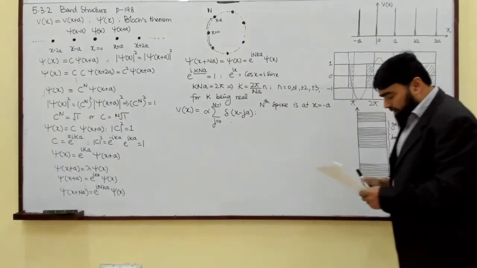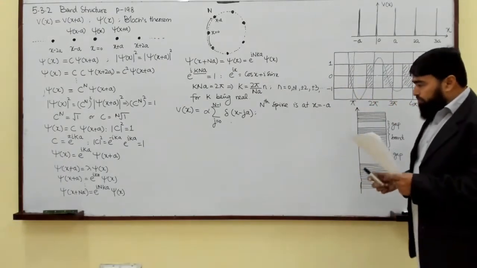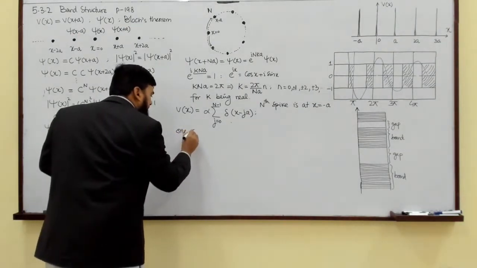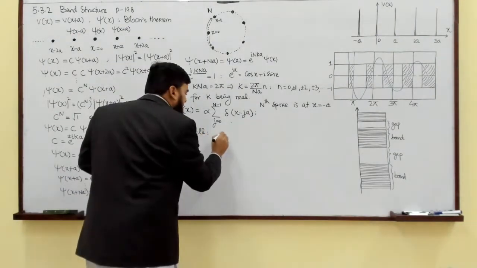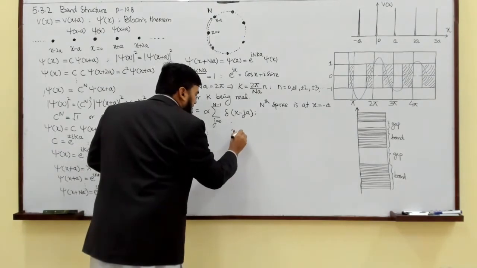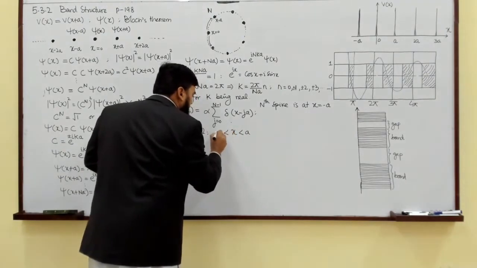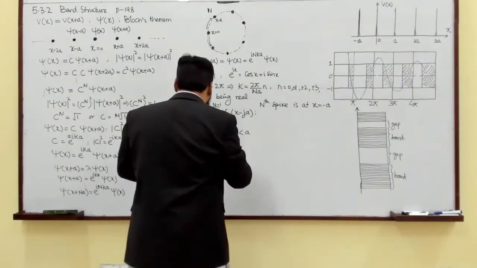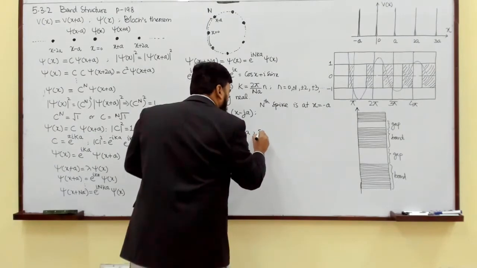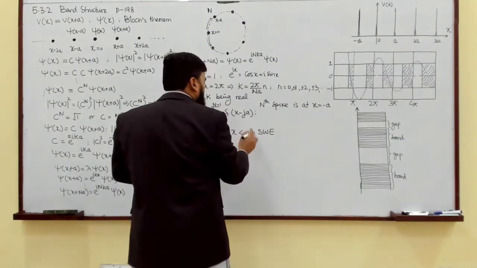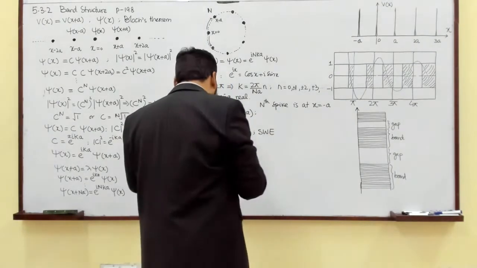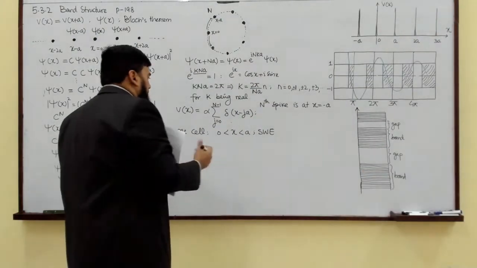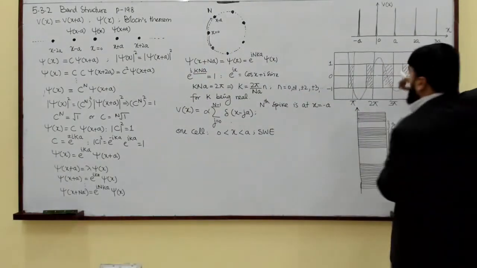So if we solve the Bloch theorem for one cell, where one cell is between 0 and a, then we will have to solve the Schrödinger wave equation for this one cell under this potential, and we will apply it to the rest of the material. Now the one cell here is this one.